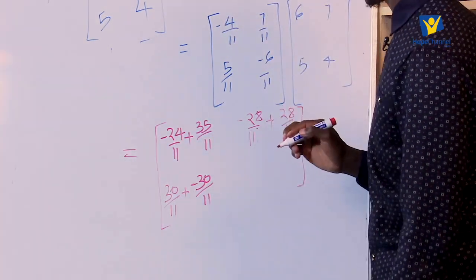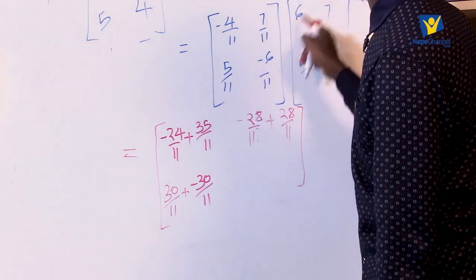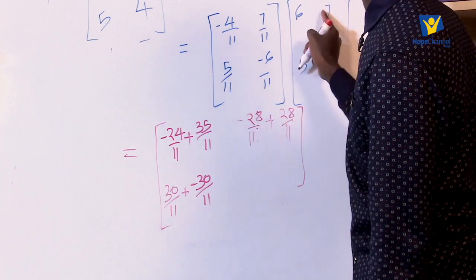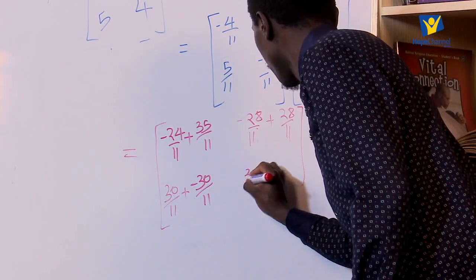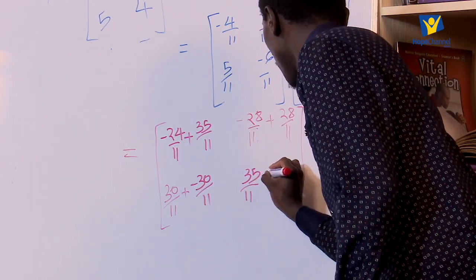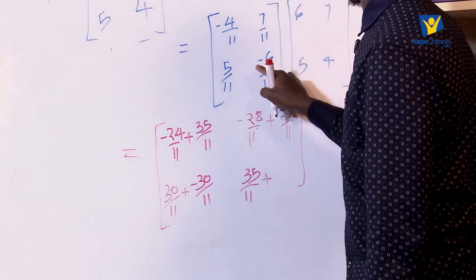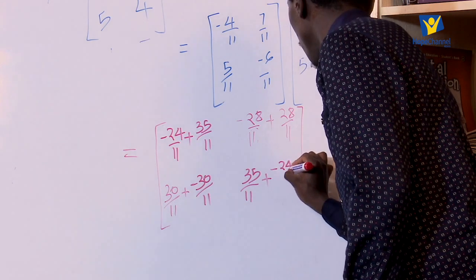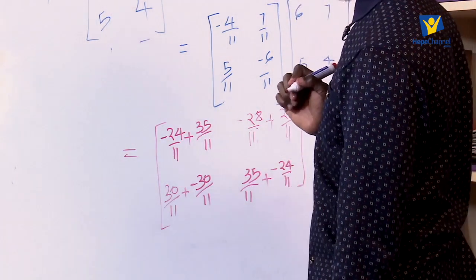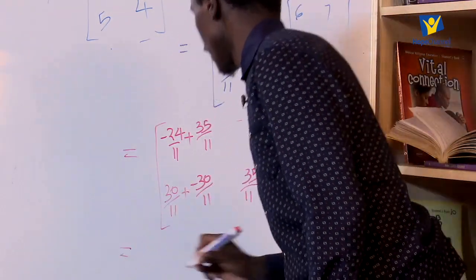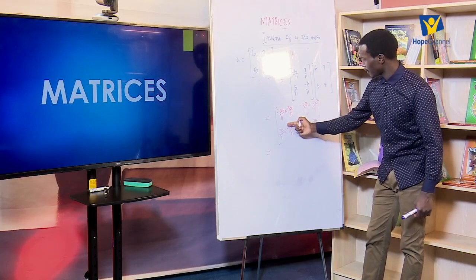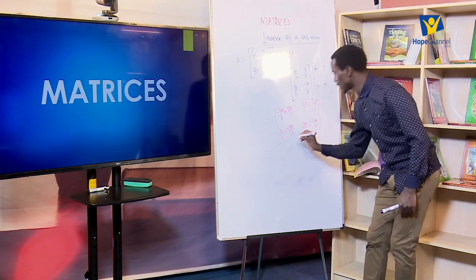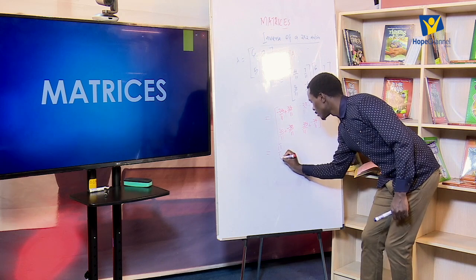And then the last part, which is second row, second column. So 5 over 11 times 5 gives us 35 over 11, plus negative 6 over 11 times 4, which is negative 24 over 11. Now let's work that out. Negative 24 over 11 plus 35 over 11 is positive 11 over 11.